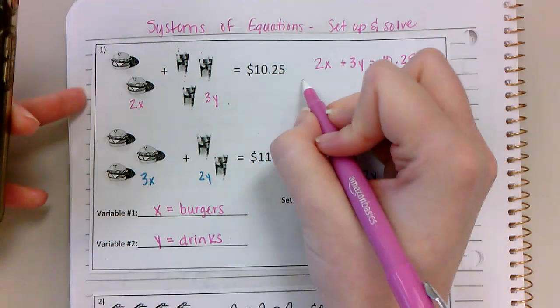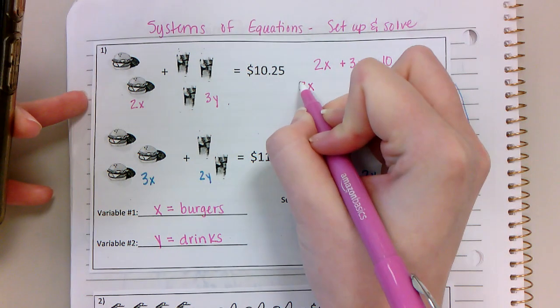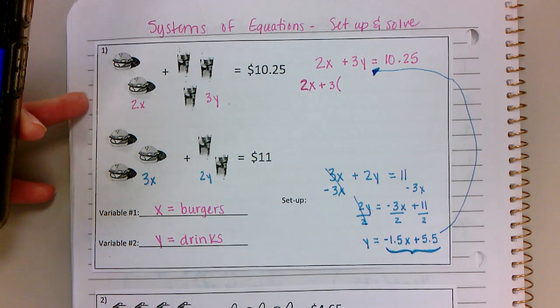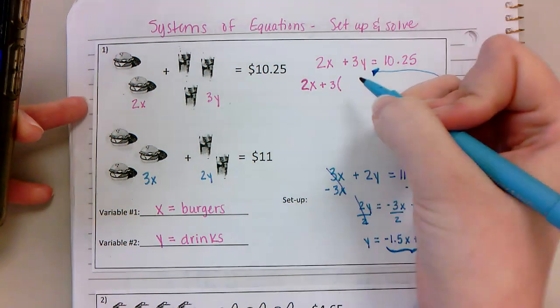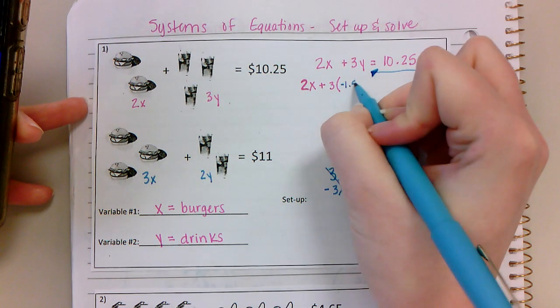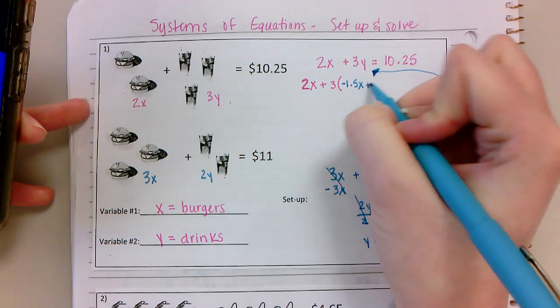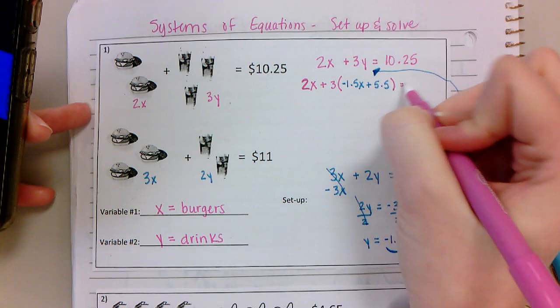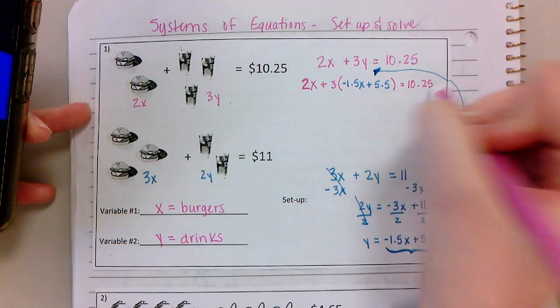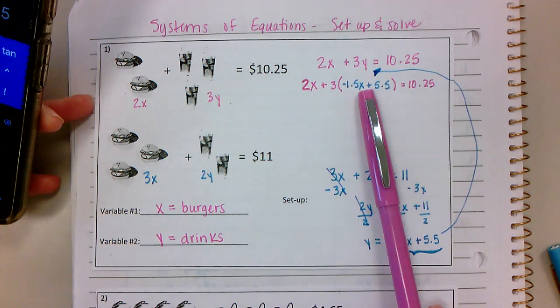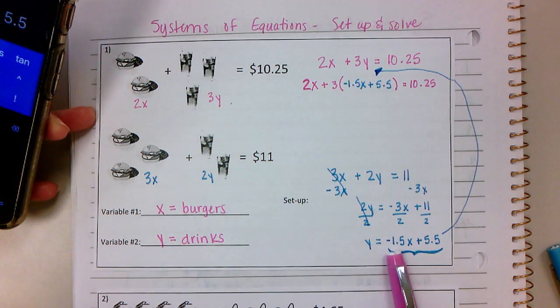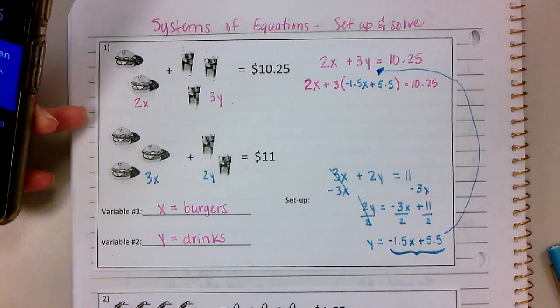So in this equation, we have 2x plus 3, and this is where this gets plugged in: negative 1.5x plus 5.5 equals 1025. So my equation 2x plus 3y equals 1025, but instead of the y, I plugged in what I know y is. So this is the substitution method.